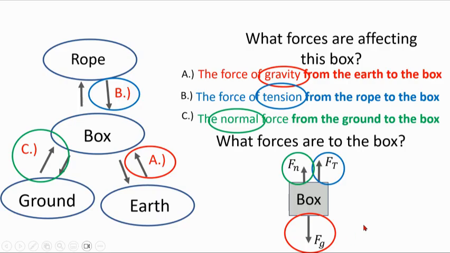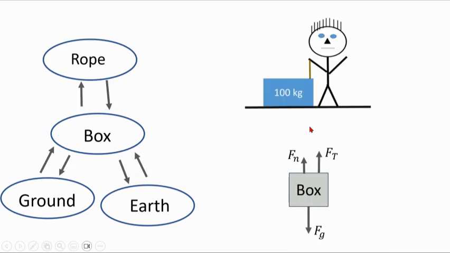The reason we know that is because this box is not accelerating upwards or downwards. It's just staying there. And so that means that the forces on top have to equal the forces on the bottom. Okay, and that's the information that we get from a force schema and a free body diagram.